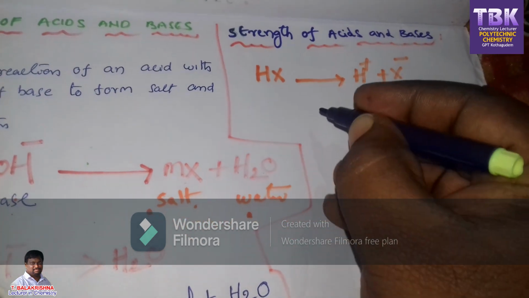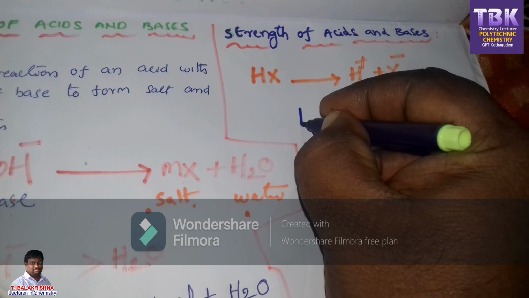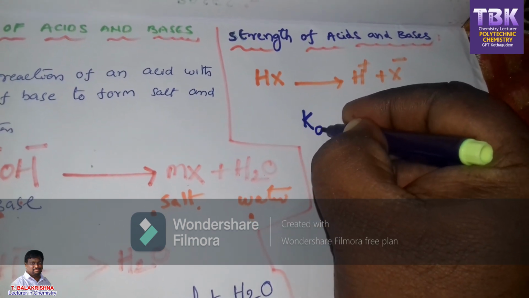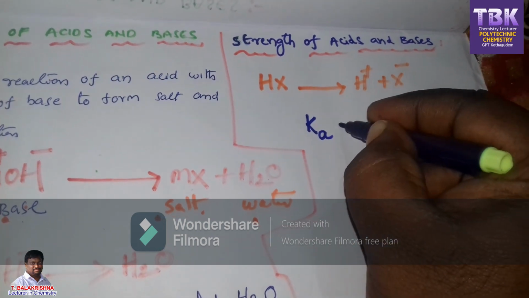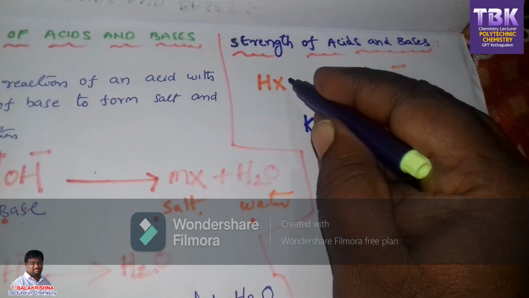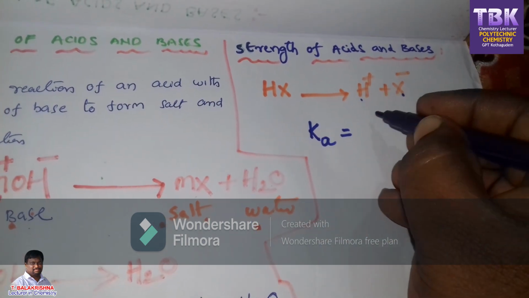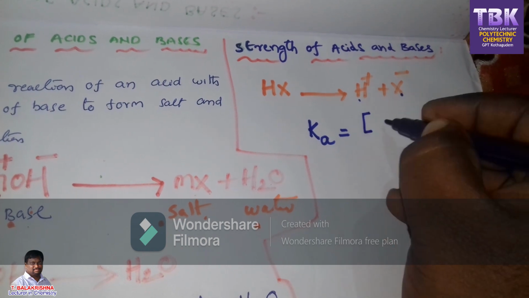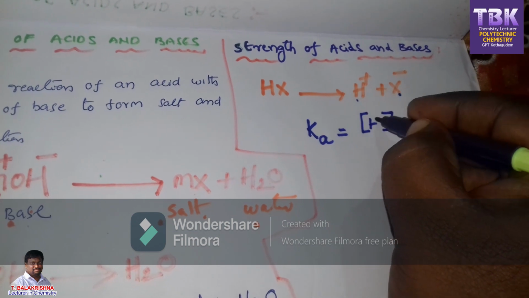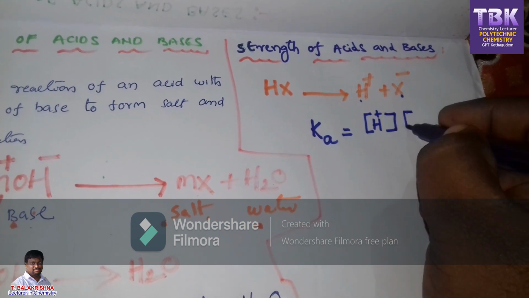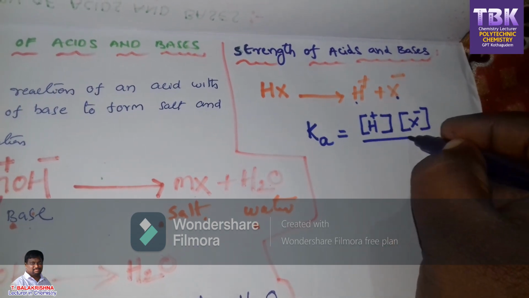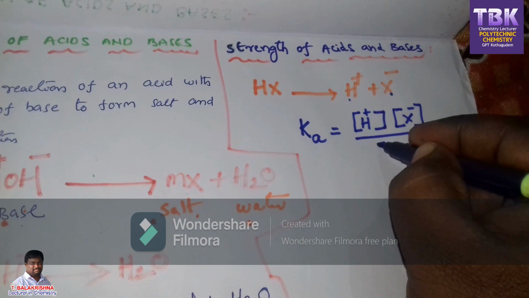Here the dissociation constant is represented as K. Dissociation constant of an acid is equal to the concentration of products by the concentration of reactants. Concentration is represented in brackets. So the concentration of products, H plus ion and X minus ion, by the concentration of reactant HX.